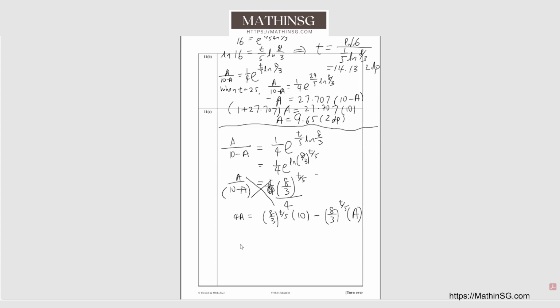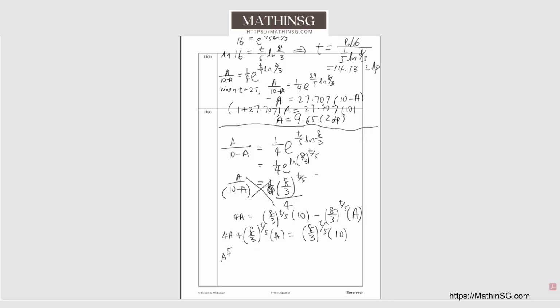Now I'm going to bring this over because I want to make A the subject. So I need to put all terms with A together. So I have 4A plus (8/3) to the power of t over 5 times A equals (8/3) to the power of t over 5 times 10, right?